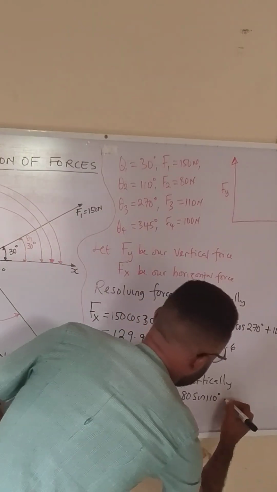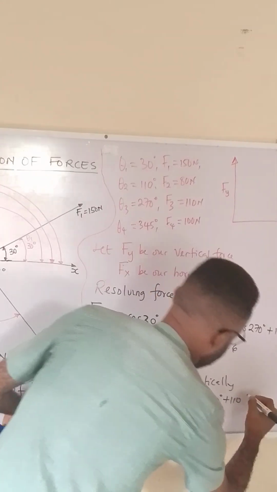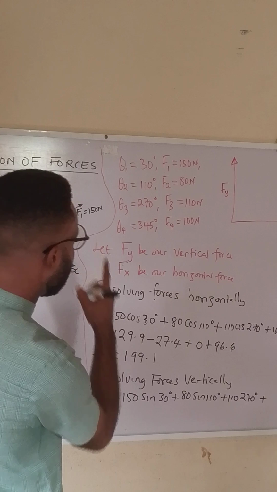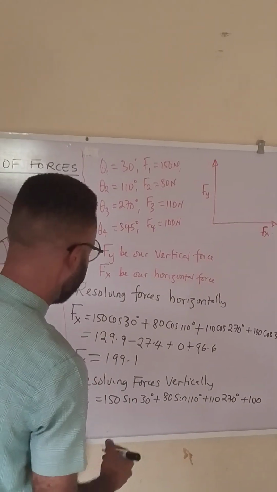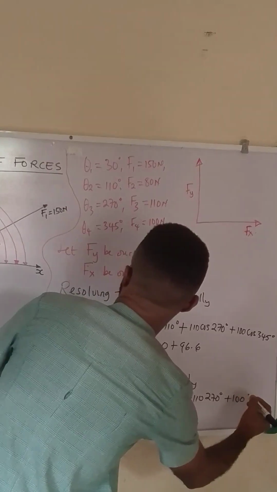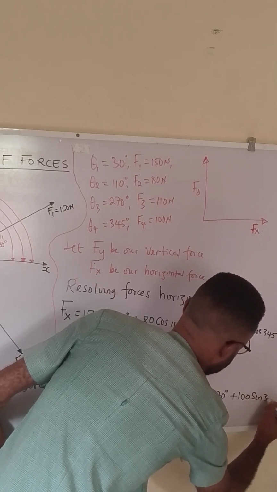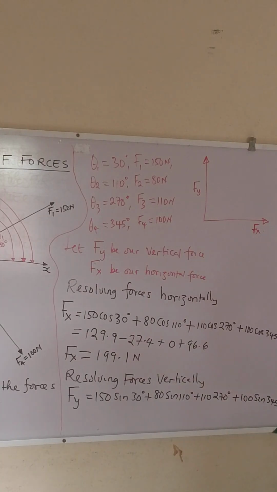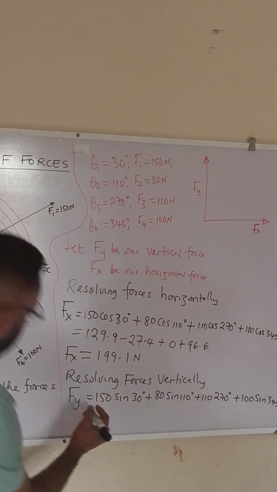The third force 110 Newton multiplied by theta 3, which is sine 270 degrees, plus the last force 100 Newton multiplied by theta 4, which is sine 345. This is in Newton.